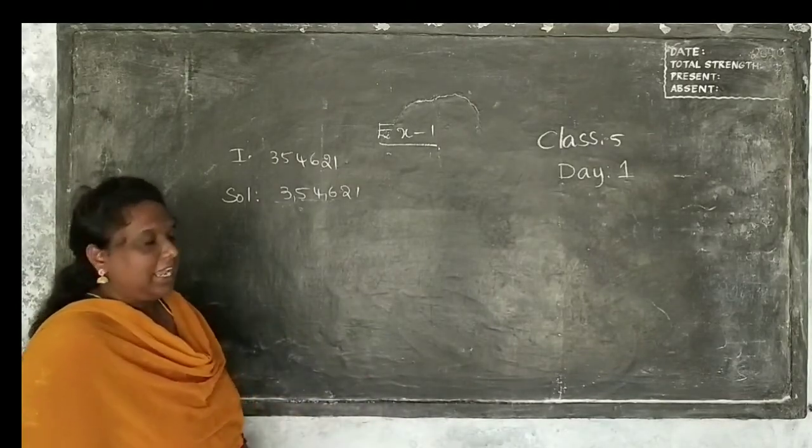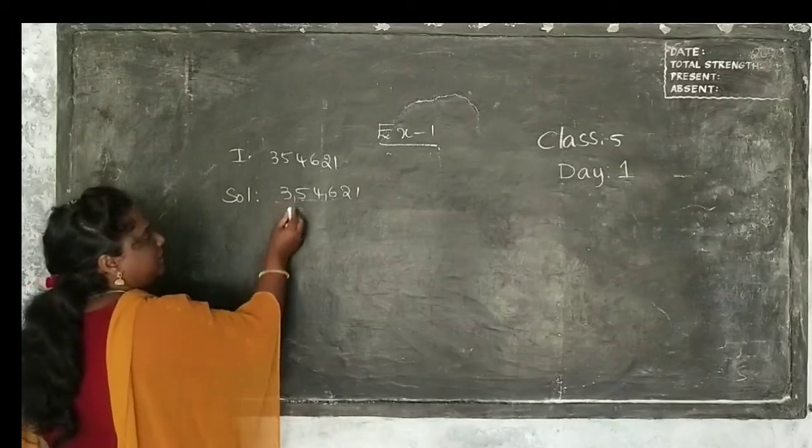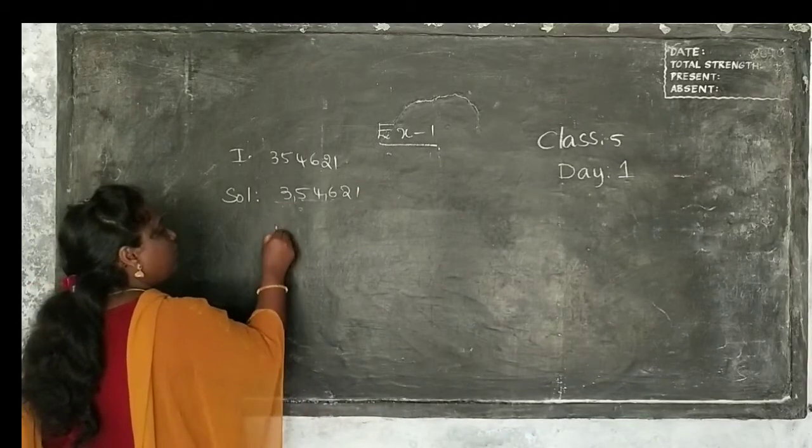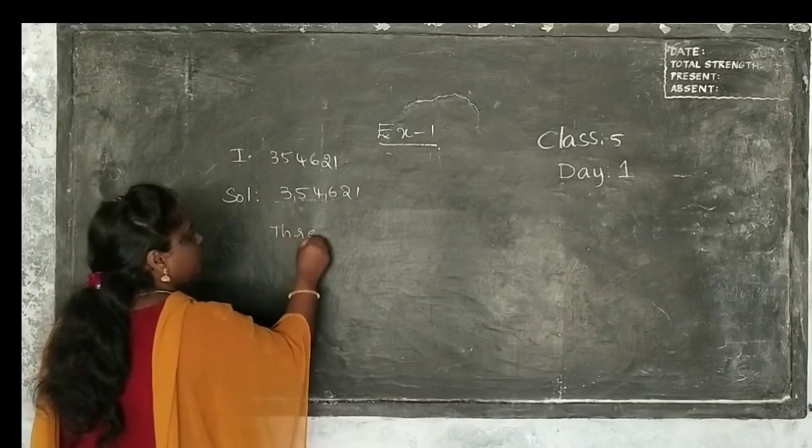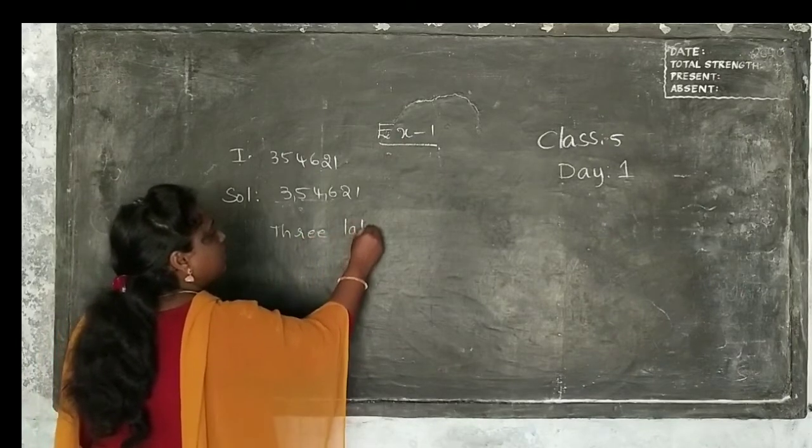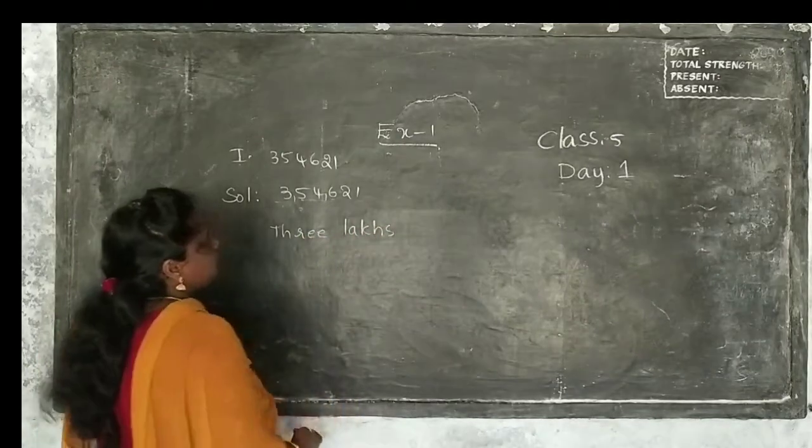Write in words. So same. This is in the lakhs period. So 3 lakhs.